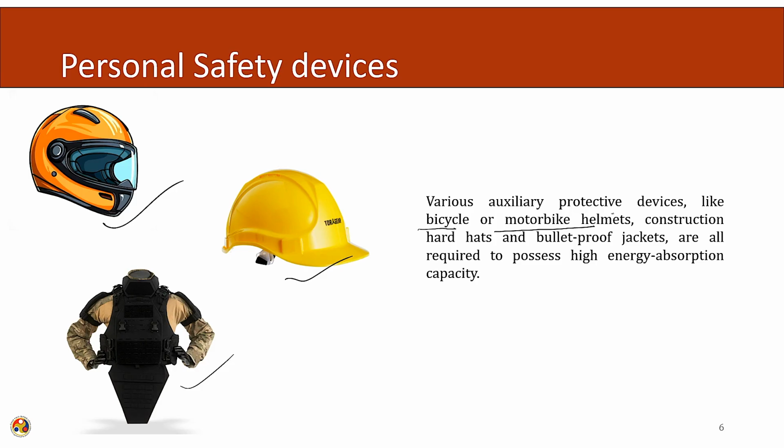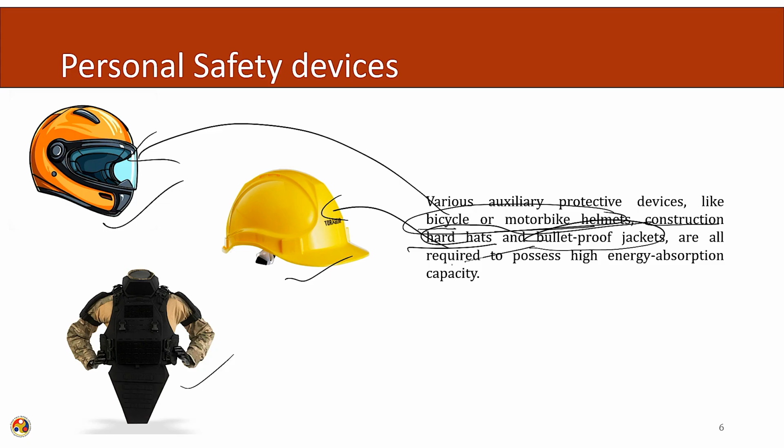A bicycle or a motorbike helmet sometimes looks like this. Construction hard hats are being used, which sometimes look like this. Bulletproof jackets, and all are required to possess high energy absorption capacities. We can add armor helmets also, these are the armor helmets.